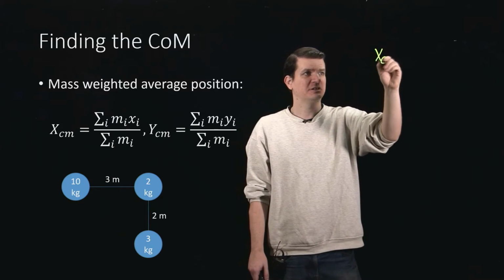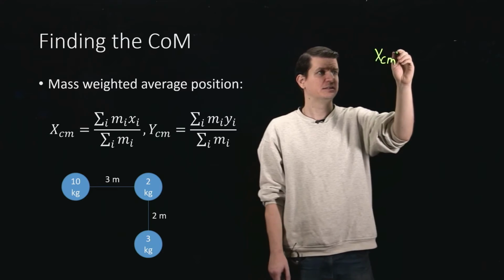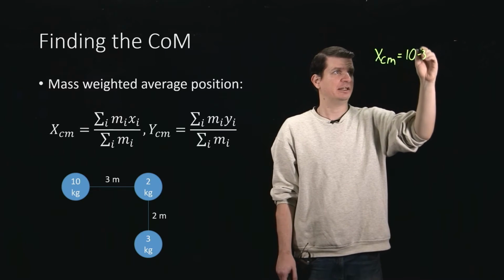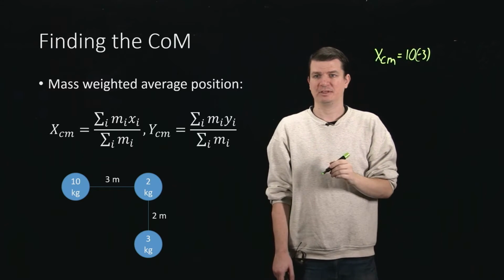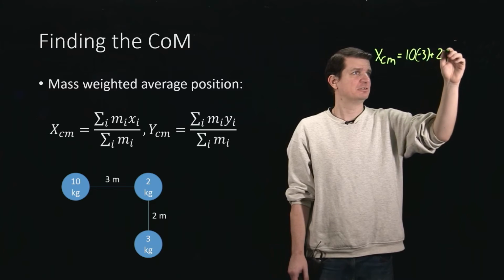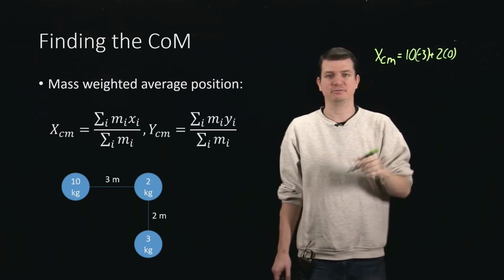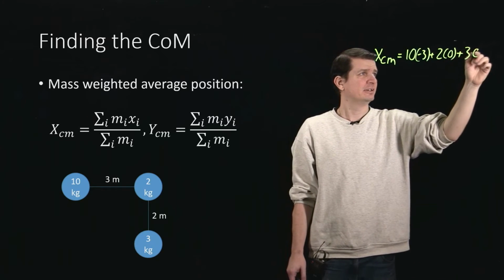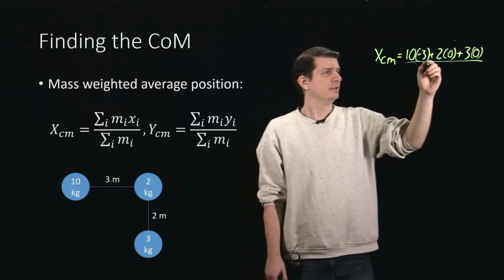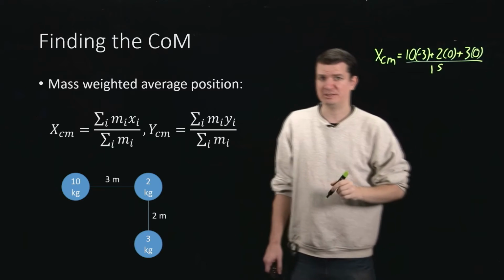So we need to know the x-coordinate of the center of mass. Well, I've got 10 kilograms situated at -3 meters, because it's 3 meters to the left of my 2 kilogram mass. My 2 kilogram mass is situated at x equals 0, and similarly, the 3 kilogram mass is situated at x equals 0. The total mass is 15.